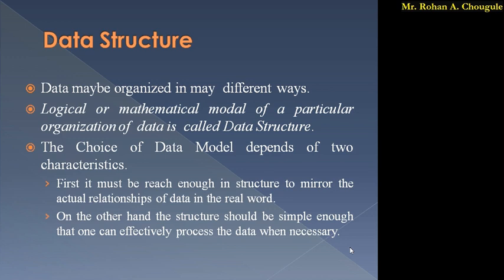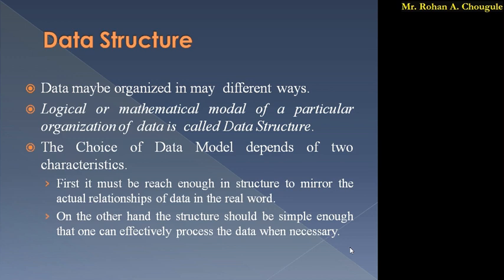So while selecting a data structure for storing the data, we have to consider these two characteristics. The first is that it must be rich enough in structure to mirror the actual relationship of data in the real world. So the first characteristic is that it should give the actual relationship of data in the real world, right?